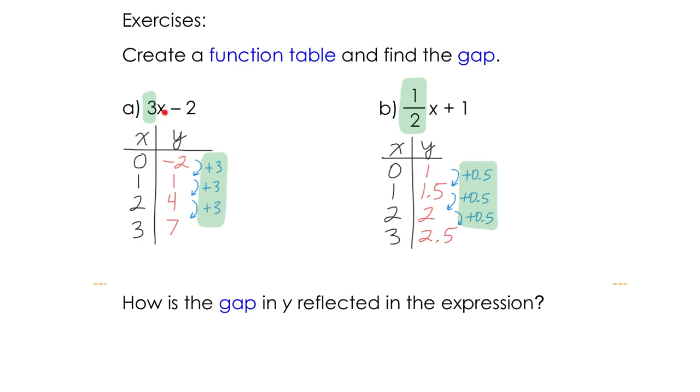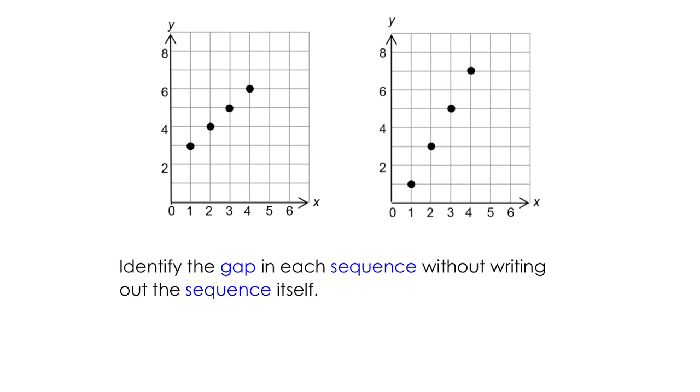If you have a function with a variable that's just x and no other x variables, the coefficient on that term is going to be the gap in between your successive y values. And this can help us when we make graphs. So when we see a graph of a sequence of ordered pairs like this, we can identify what the gap is.